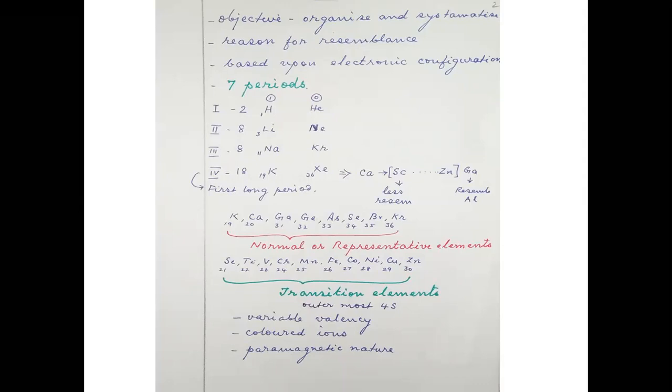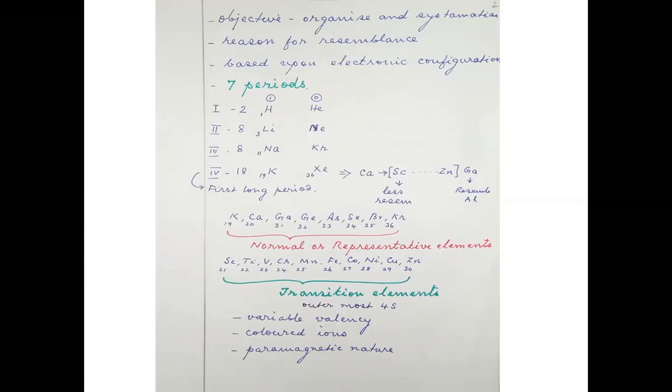So here you should understand the difference between the representative elements and the transition elements. The first series of the transition elements begins after potassium in the fourth period. In the first period, only two elements are present. In the second period, only eight elements are present. In the third period, only 8 elements are present.